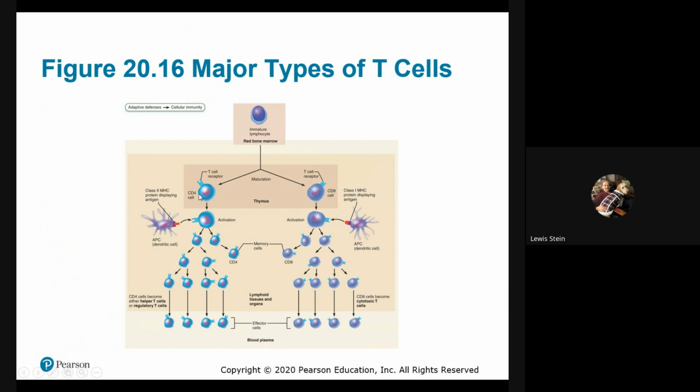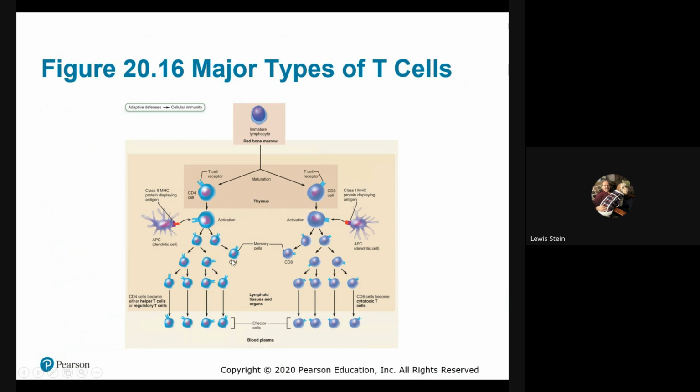So if it's a CD4 or CD8, you're going to have some kind of antigen presenting to it. Once that antigen presenting cell, some kind of dendritic cell or a modified macrophage, presents it to a class 2 marker, most of them will be effector or helper T cells or regulatory T cells.